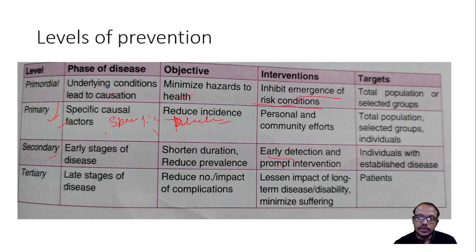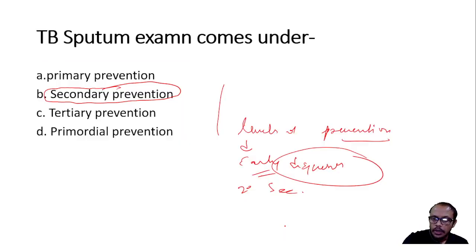Wherever there is early diagnosis and prompt intervention, it is secondary prevention. Tertiary prevention is done to reduce long-term disease and disability, and for rehabilitation. That is the tertiary level of prevention. So coming to our question, this is the early diagnosis part, so it is secondary level of prevention.